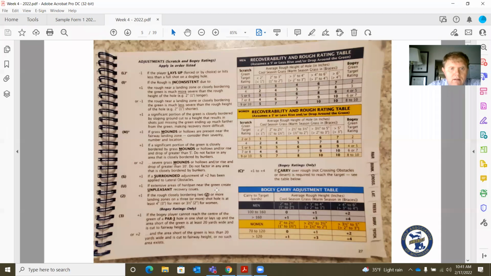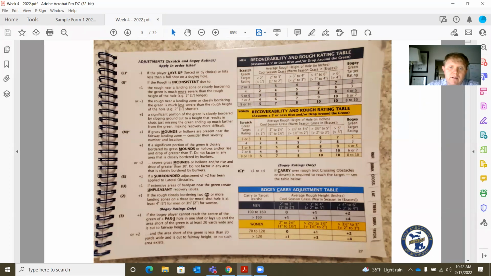All right, so let's go through a couple of examples here of what we're going to apply for R&R on our Form 1. So just looking at the table really quick, we've seen a lot of tables that look like this. We have our scratch on the left, our bogey on the right.